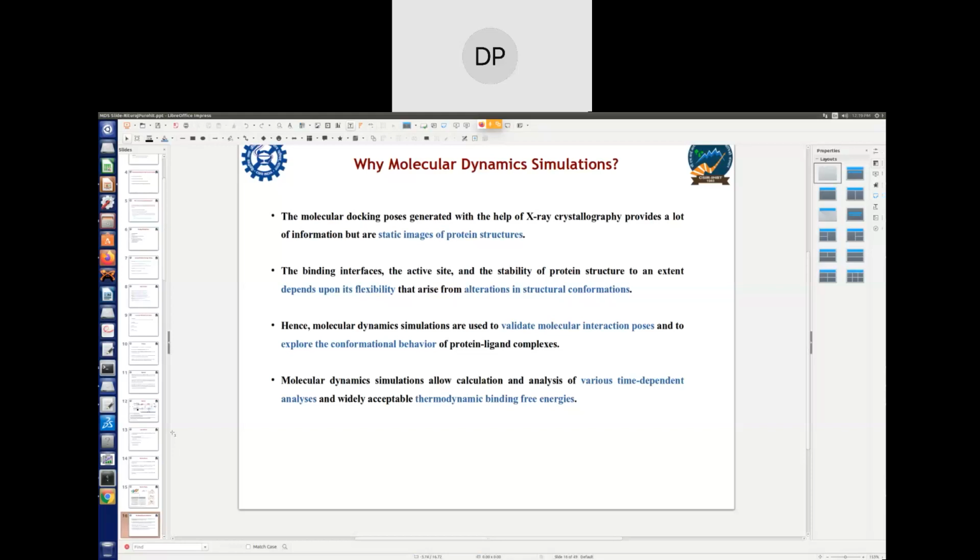This complex should be simulated for a particular time, under physiological conditions, and during the simulation, if the ligand is retained in the cavity, then you can say that the lead or that molecule has drug-like activity. So with the advent of computers, this is why molecular dynamics is required.